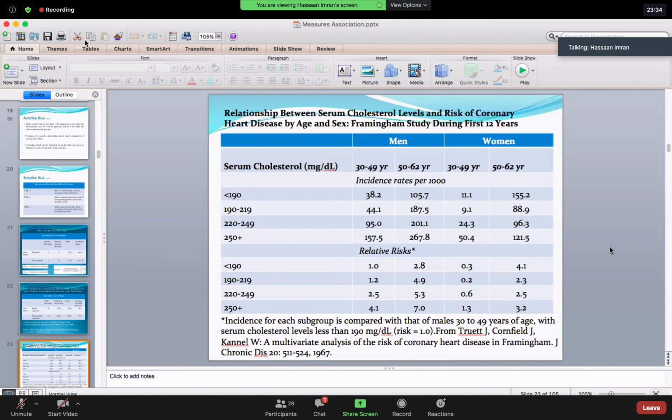Most of the findings related to coronary heart disease or its risk factors that we know today are because of that study. It's a big cohort study, and most of the results are depicted in this table. I've taken this from your book. Please look into this table and try to comprehend what it is telling us. Yes? Any one of you?